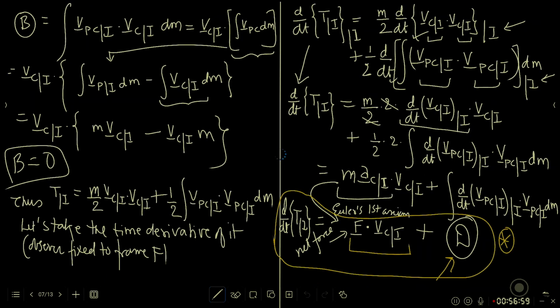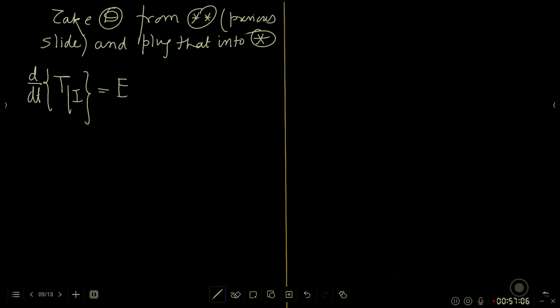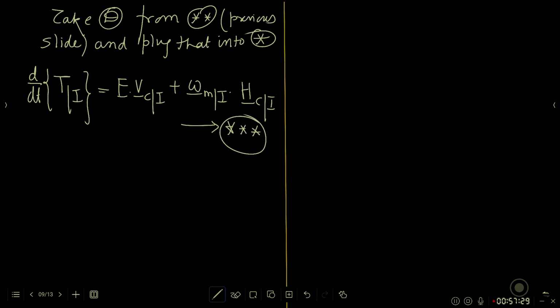Now recall on slide number 4, what did I derive? Based entirely on the definition of the rate at which the various forces do work on the RB, I derived this, where the frame is F, but of course it is true for any frame F. I can always choose F to be I, special case.